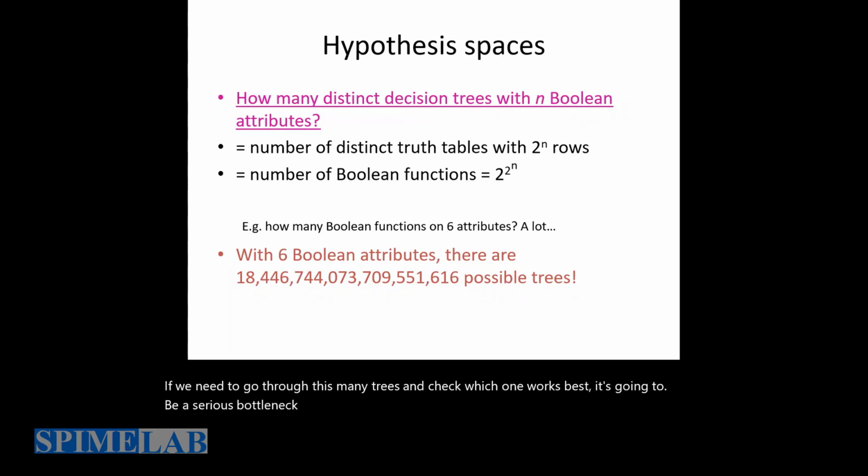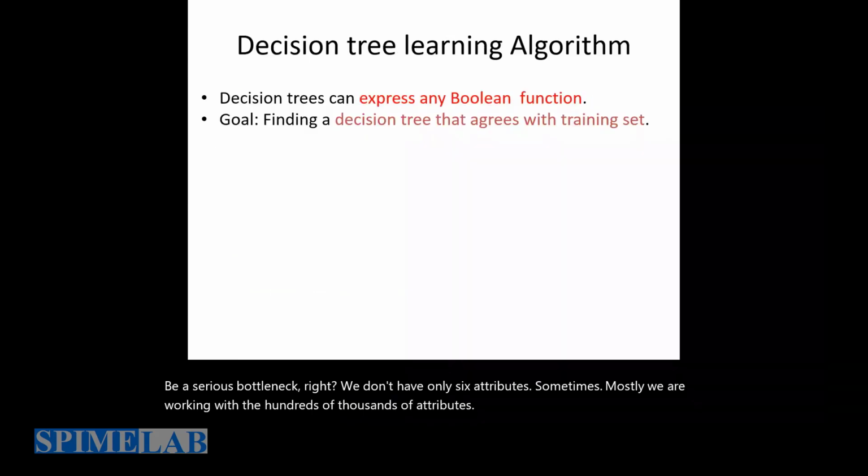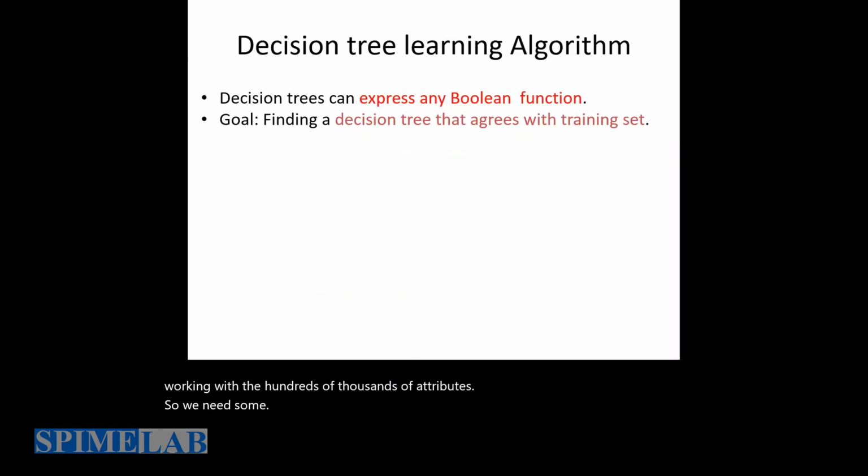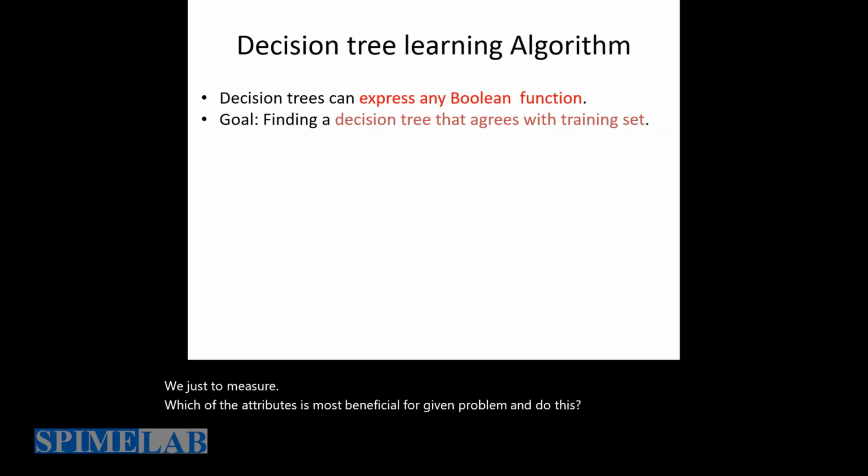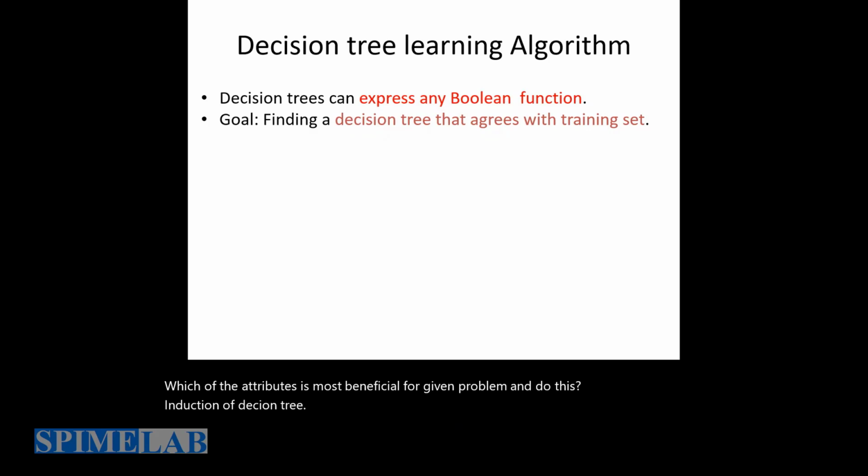We don't have only 6 attributes sometimes. Mostly we are working with hundreds of thousands of attributes. So we need some way to measure which of the attributes is most beneficial for a given problem and do this induction of the decision tree through the data heuristically.